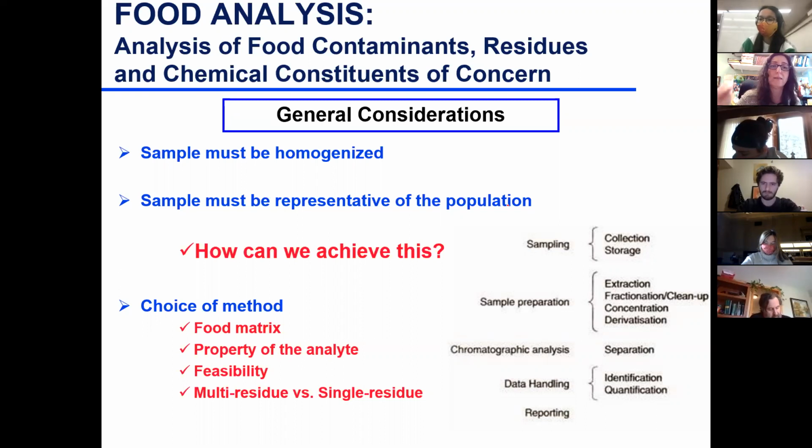That means you take a lot of samples from different places, you homogenize, and sampling error in this case is more impactful than analysis error because, again, it has an impact on the consumer. So you do not want to sell product that could potentially make people sick.